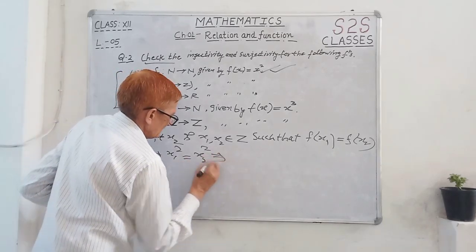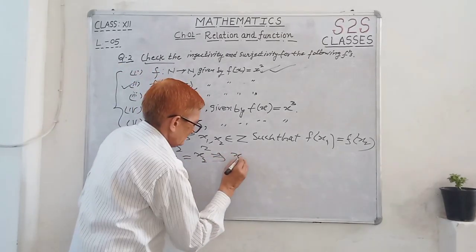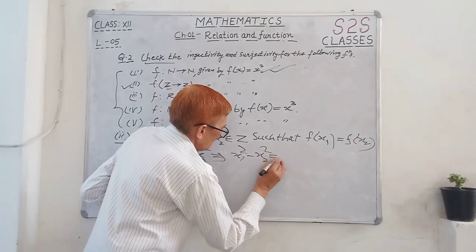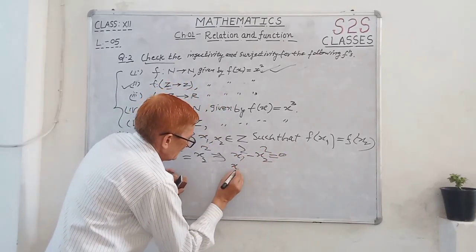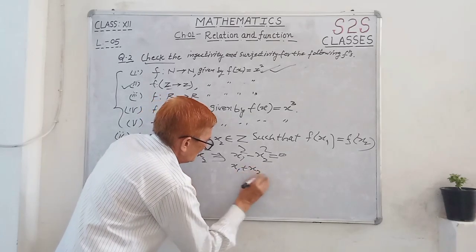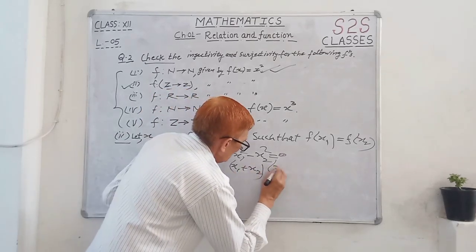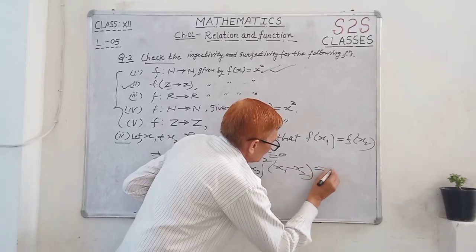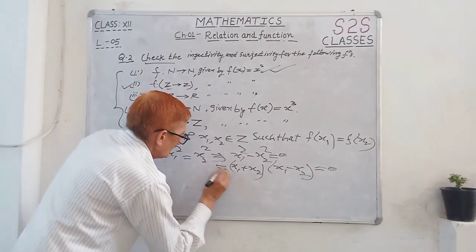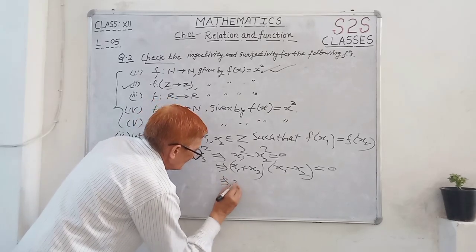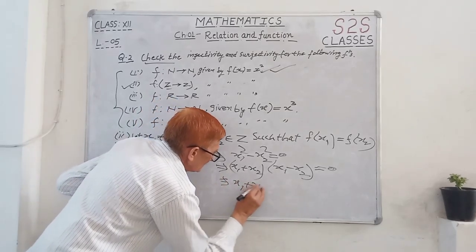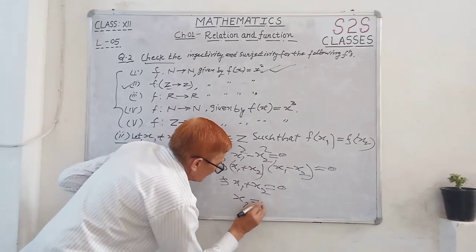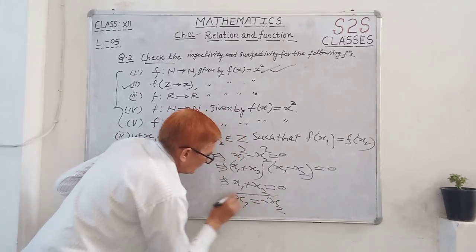Then x1 square minus x2 square is equal to 0. Then (x1 plus x2)(x1 minus x2) is equal to 0. Then x1 plus x2 equal to 0, then x1 is equal to minus x2.